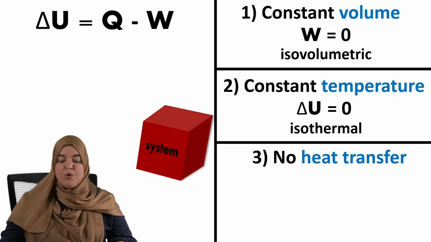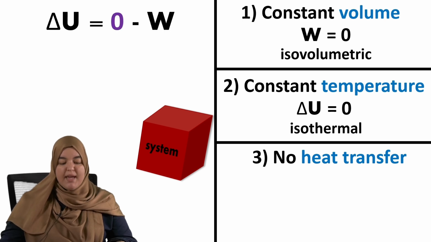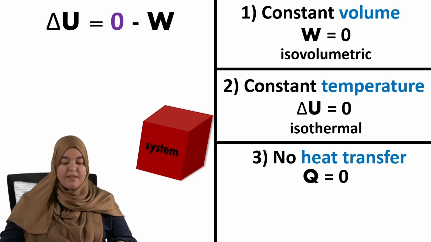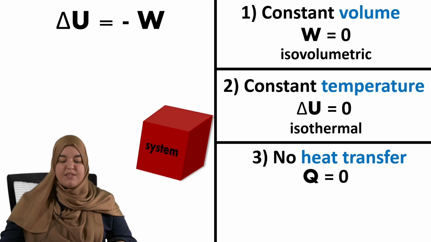If there is no heat transfer, Q will be zero, and delta U will equal negative W. This means that the internal energy of a system changes as a result of doing work on its surroundings or the surroundings doing work upon the system.